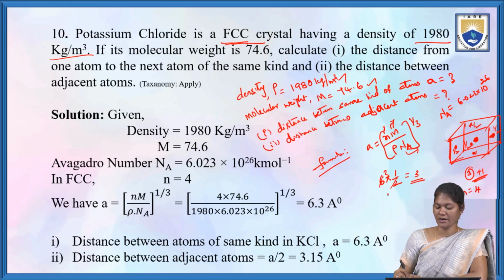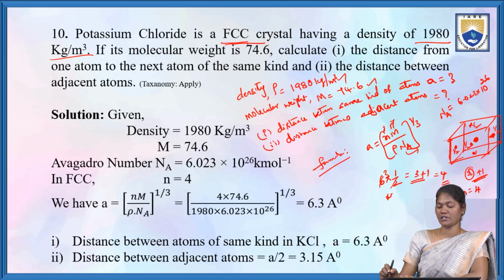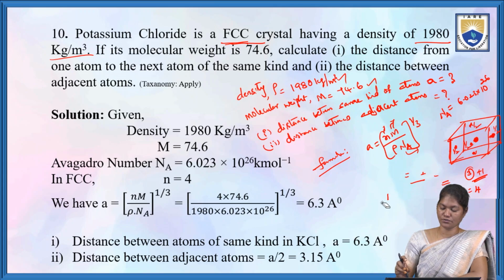And at the center of the cube, there will be 1 atom. So 3 plus 1, totally n is equal to 4. The number of atoms in the face-centered cubic crystal is 4. So n is equal to 4 in this case.